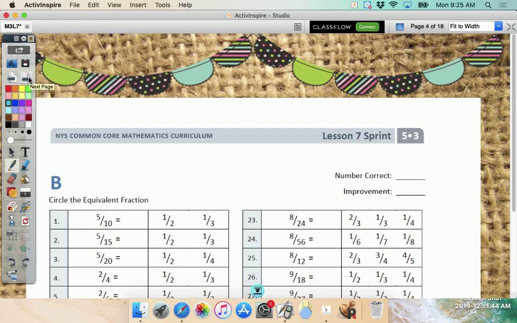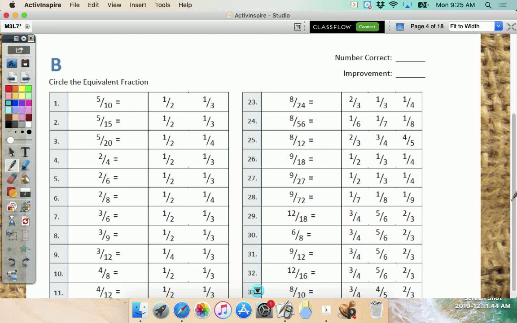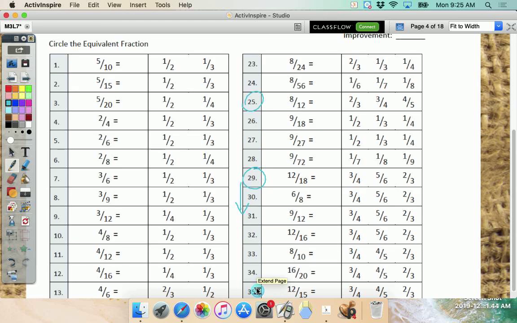Okay, so here's what we're going to do. You're going to do side B. We're going to circle the ones that are not divided by the numerator. Okay, do you see what I circled? 25 and then 29 and below.